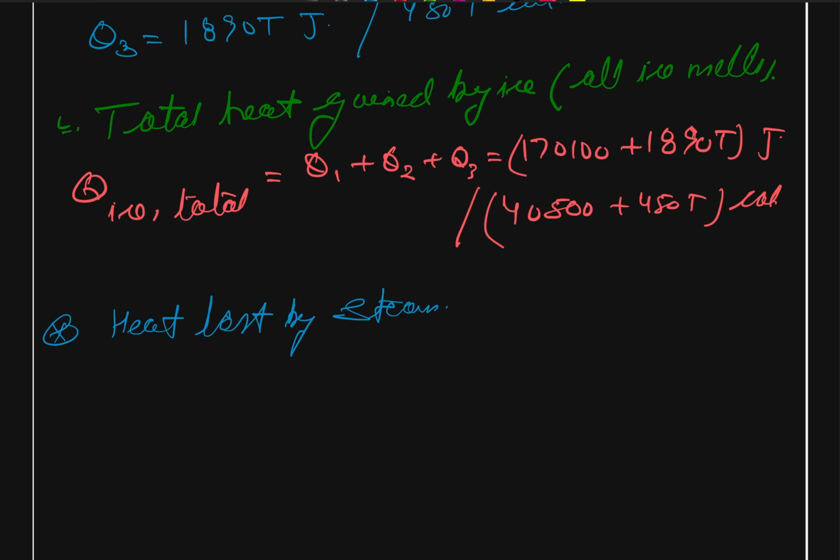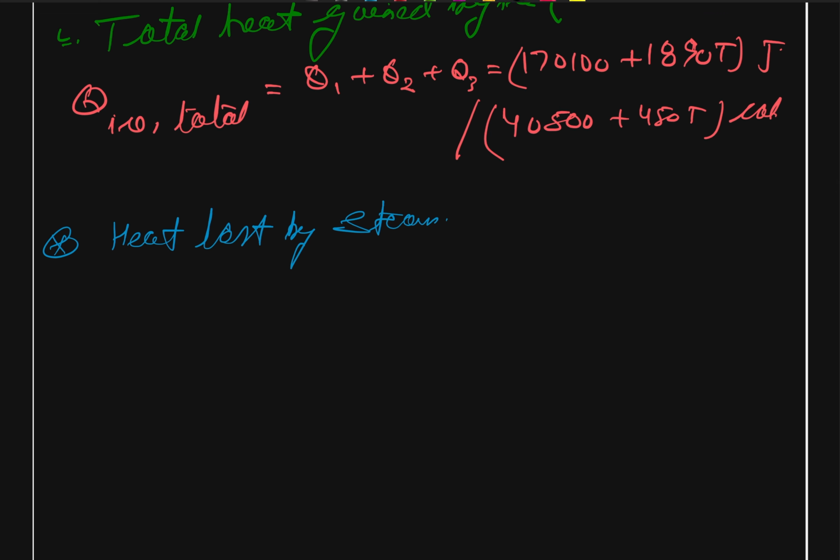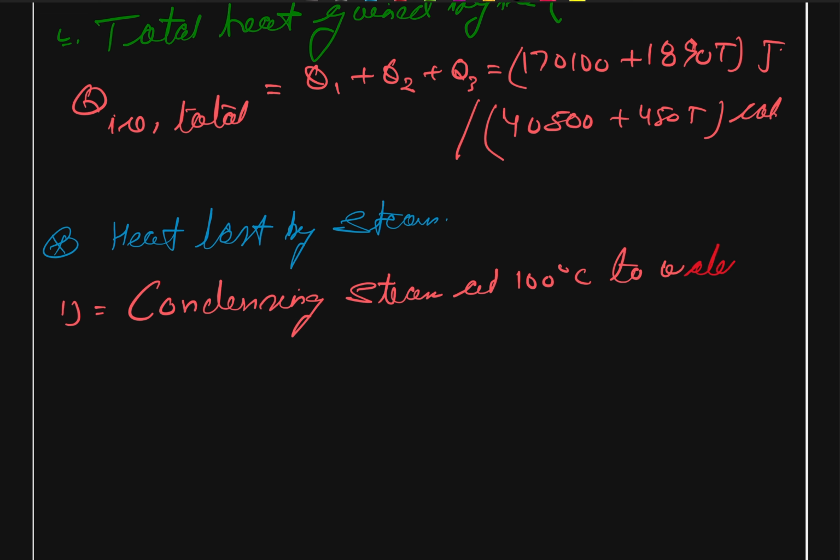Okay, so it will be two steps, from 100 degree steam condensation to 100 degree water, and from 100 degree to final temperature T. So we can say our first part is condensing steam at 100 degree centigrade to water which is also at 100 degree centigrade, and we can write this as, let us suppose, our Q4 will be equal to our mass multiplied by latent heat of vaporization.